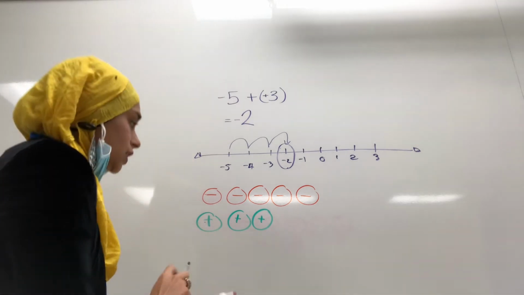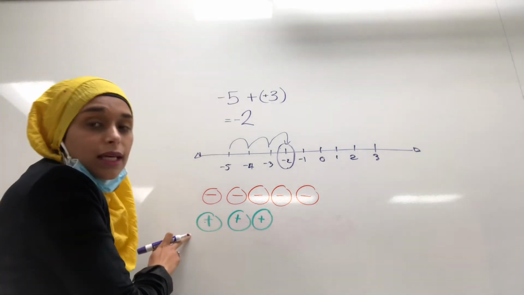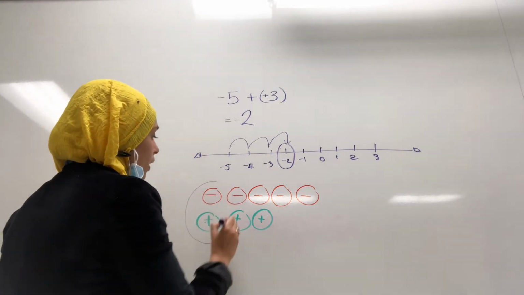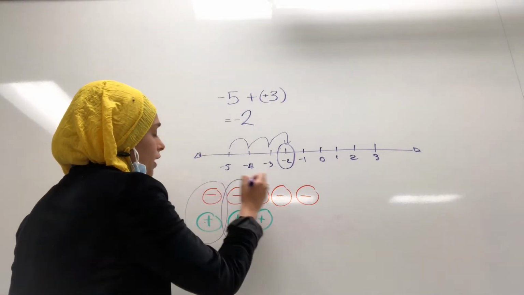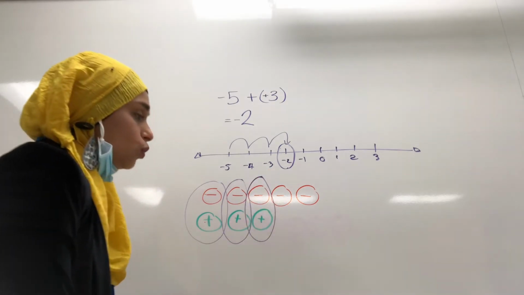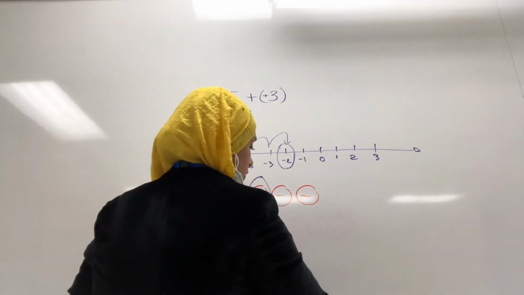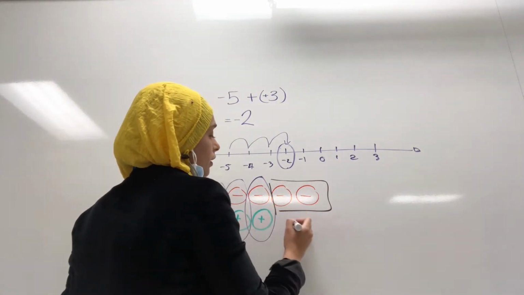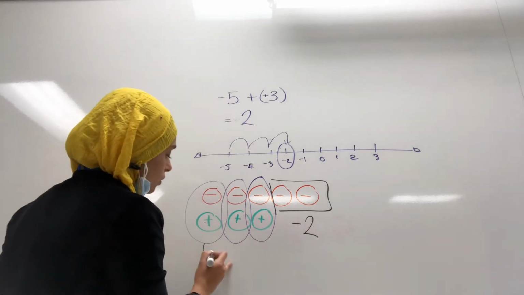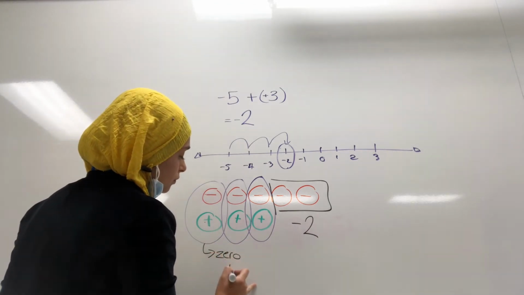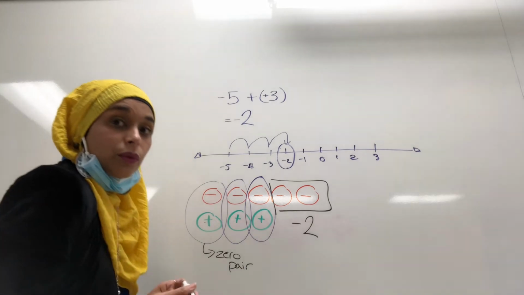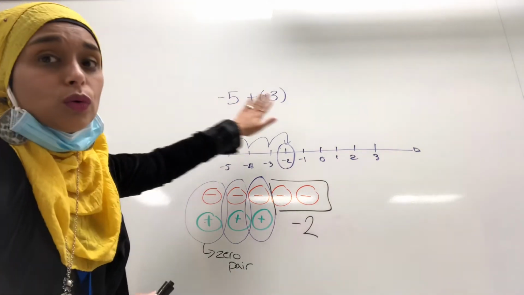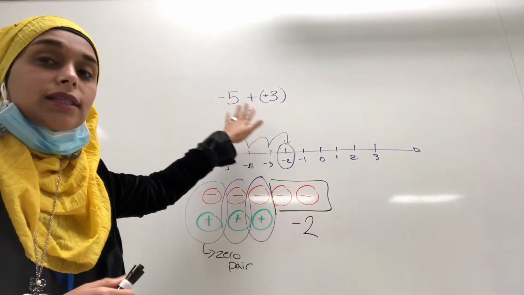Okay, and this is called a zero pair because they cross each other out or they negate each other. So this is considered a zero pair. That's gone, that's gone, that's gone. So what I am left with as my answer is, again, -2.